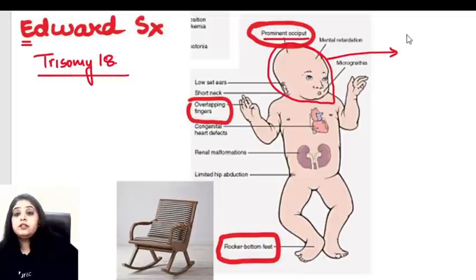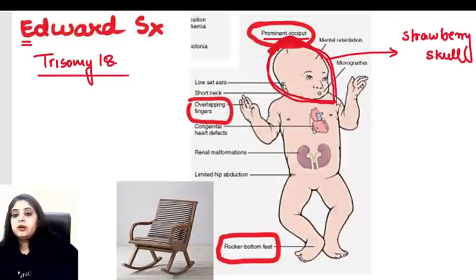So radiologically, when the mother is pregnant and her baby has Edwards, the radiologist can see something known as a strawberry skull. If they ask you where you see a strawberry skull, you'll say, because the occiput is so prominent, it looks like a strawberry. The chin is small and the head is prominent at the back. So the strawberry skull can be seen radiologically on an ultrasound also.